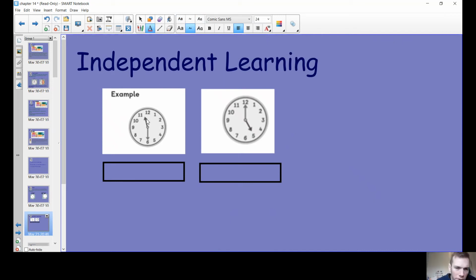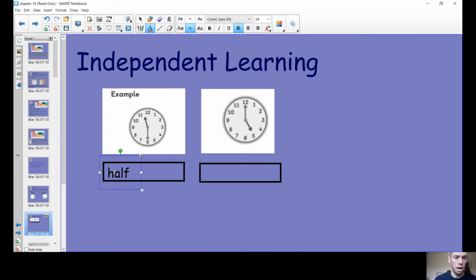Now this clock, I've got my hour hand halfway in between the 11 and 12. So it's a half past. I've got my minute hand down here, halfway around the clock. So this is half past 11. Because we say it is past 11, like you've just gone past it. We've gone halfway past 11.